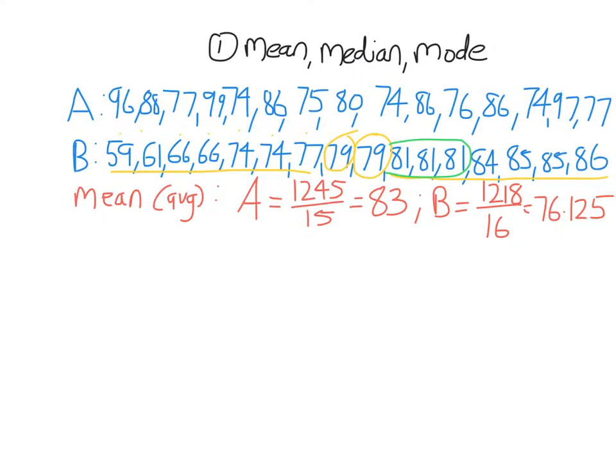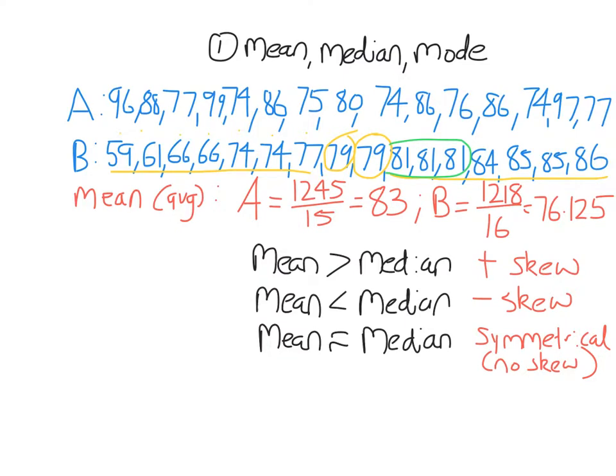We could have had everyone score very close to 83. Perhaps a lot of students score in the 90s, but there are a few people who scored really low, like in the 20s, and it brought the mean down. We just don't know. So it turns out comparing the mean and the median of a given dataset can tell us a bit about the distribution.